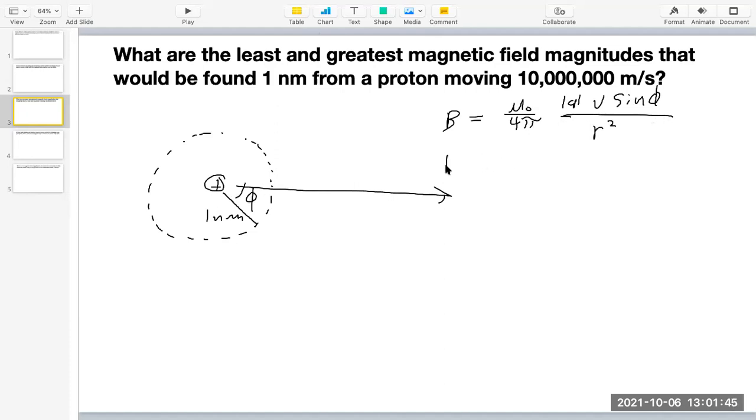So plugging in. Our charge is approximately 1.6 times 10 to the minus 19 coulombs.